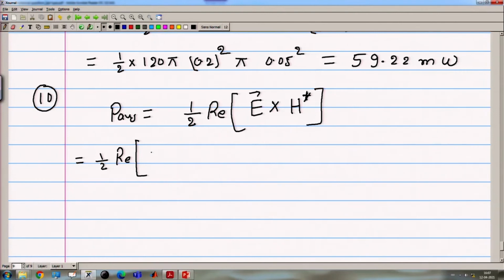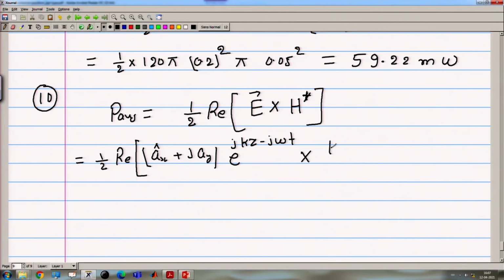Both are unit vectors. Either a_x or u_x can come in the exam, it depends on the book. So, E is a_x plus j a_y times e to the power j(kz minus omega t), cross with H.